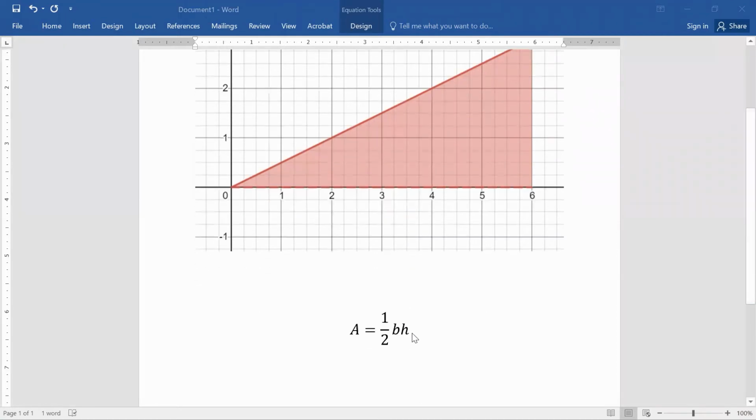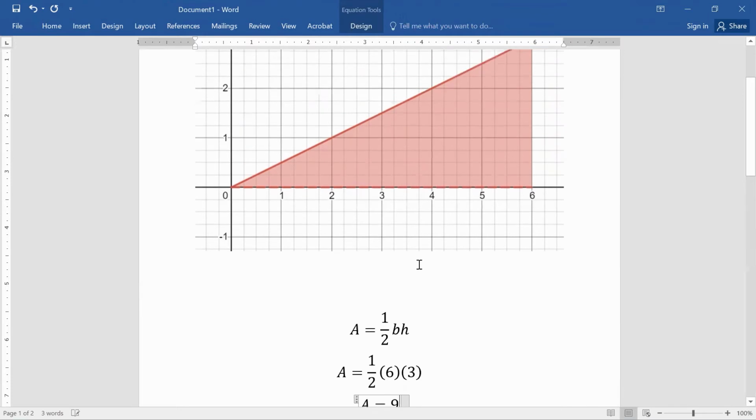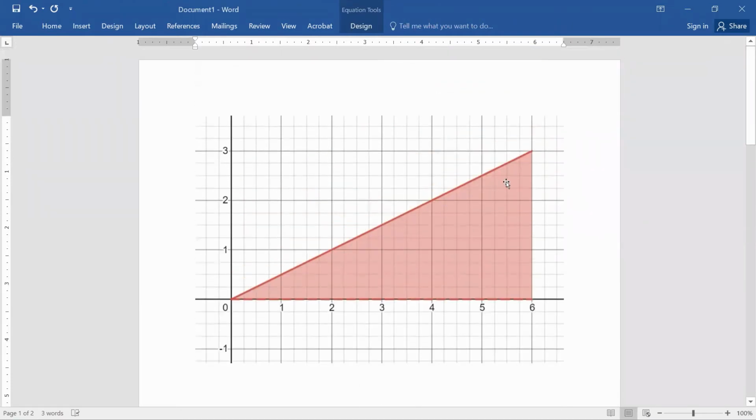So from 0 to 3. So my area is 1/2 times 6 times 3, which, like I said, is an area of 9. So the signed area of this shaded region is a positive 9.